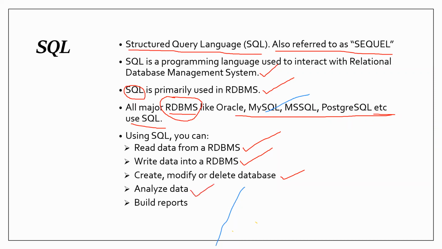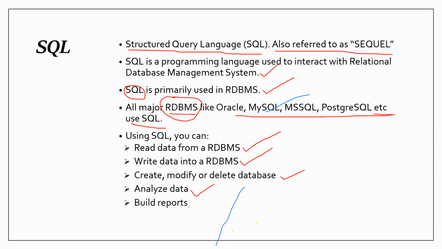Next, analyze the data. For example, take a BA developer using Tableau or Power BI or some other tool. They have to retrieve the data from the database, then analyze the data and build the report.